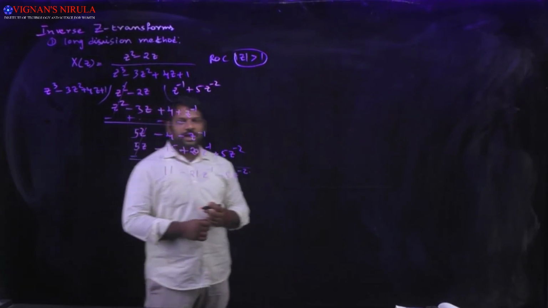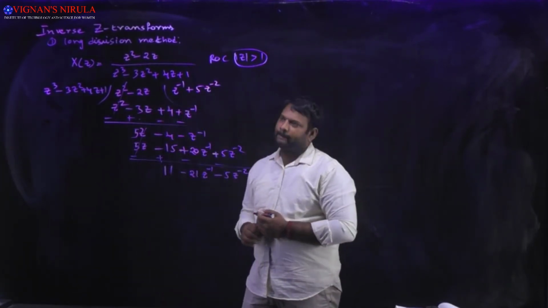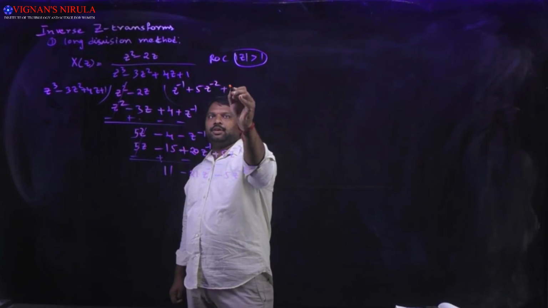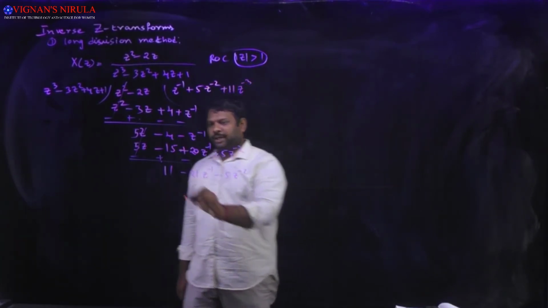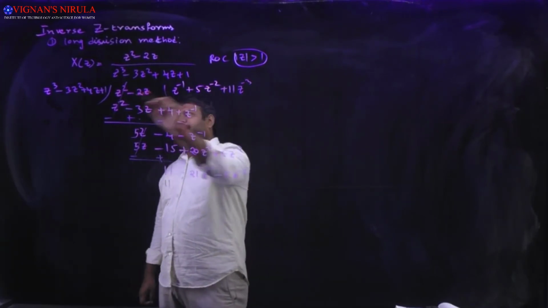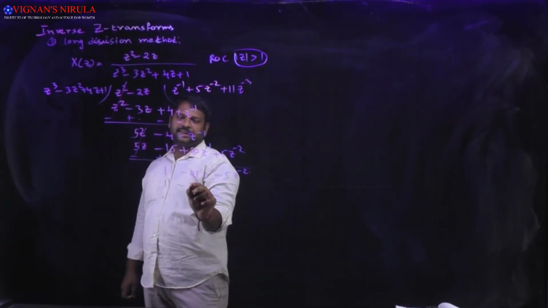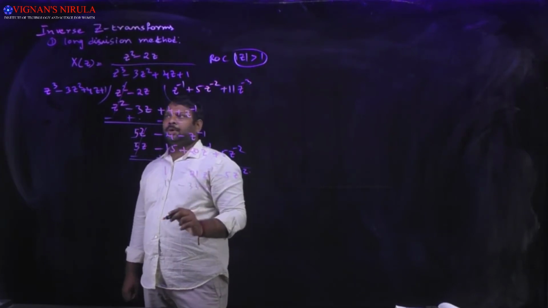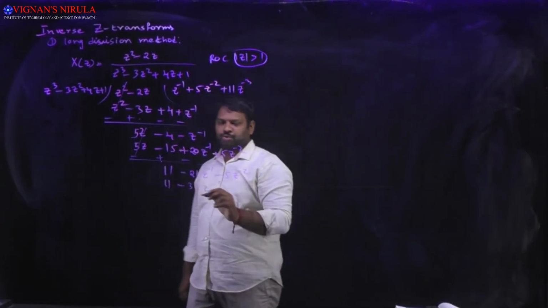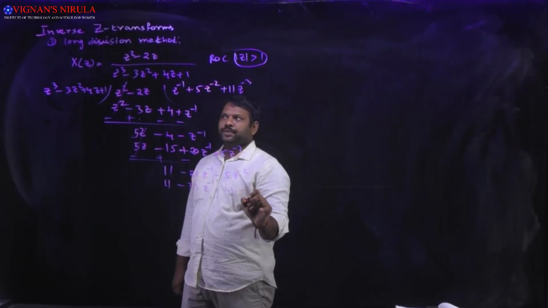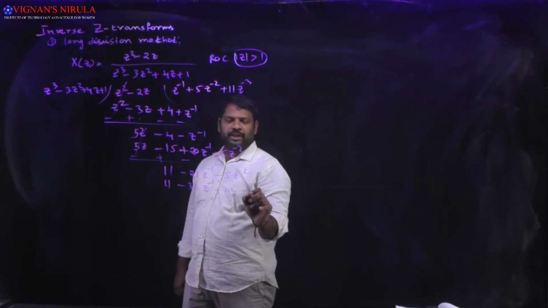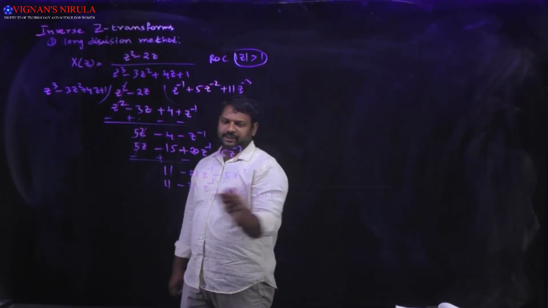Now the value is 11. To cancel that particular 11, we should multiply by 11 z power minus 3. Then we'll get 11 here. Next 11 into minus 3 is minus 33, z power minus 3 into z square is z inverse. Next 11 into 4 is 44, 44 z power minus 3 into z is z power minus 2, plus 11 z power minus 3.